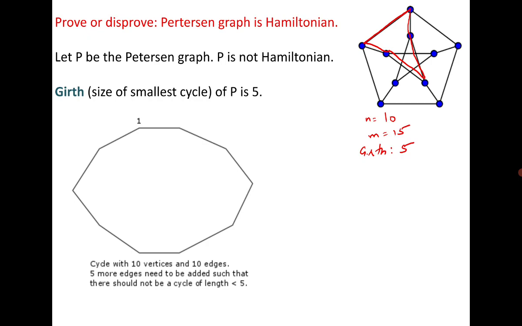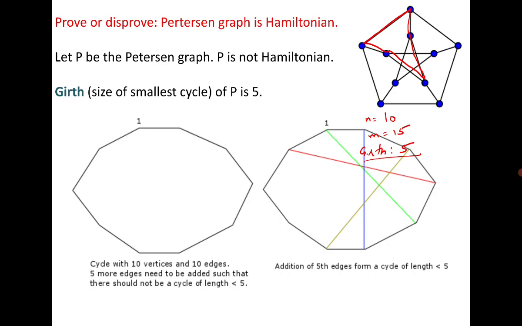It means 5 more edges need to be introduced in such a way that the girth remains 5. If you try to add them, I have just shown you one way, but whatever way you try, you will see that 4 edges can be added in such a way that the girth remains 5. But when you try to add the 5th edge, it forms a cycle of length less than 5, which is a contradiction because the Petersen graph should have girth 5. So we reach a contradiction, and therefore we can say the graph is not Hamiltonian.